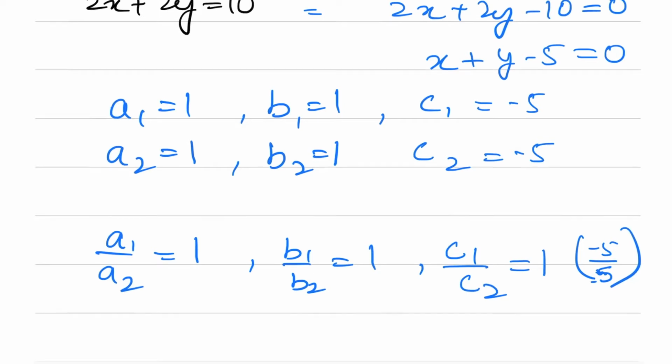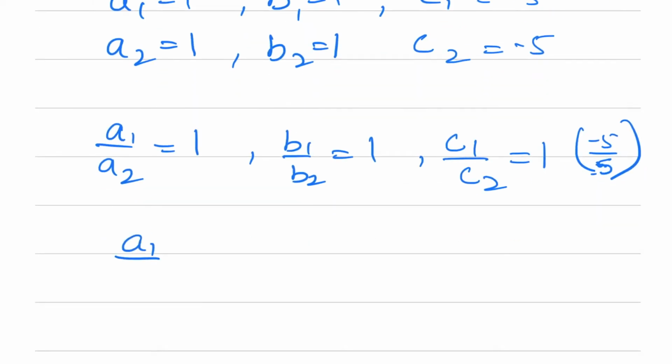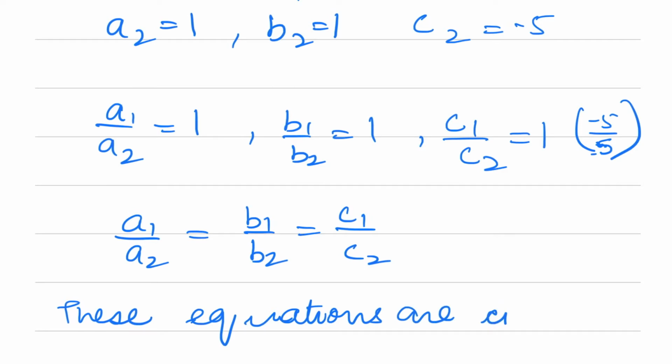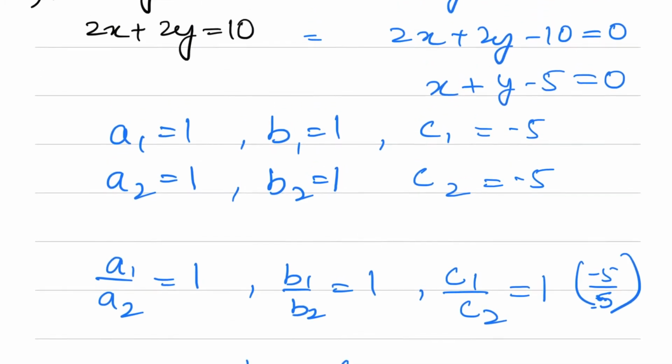So that will also give me 1. Now, as I know the ratios a1 by a2 is equal to b1 by b2 is equal to c1 by c2, these equations are consistent, and I have to find the solution graphically. So let me write down the equations to find the coordinates.